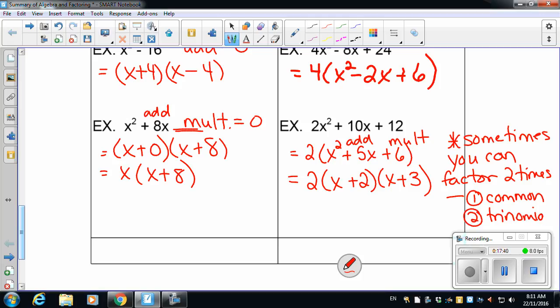So be careful of that. Okay, so that is a summary of the algebra that we've done so far. You're going to have some questions here to work on, and you're going to hand those questions in to be marked.